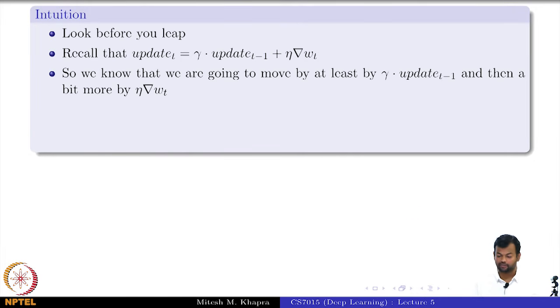We know that we are going to move at least by this one. That's fixed. Our history is telling us to move at least by this much, and then we'll move a bit more by the gradient. So now can you think about it? I'm at least going to move this much.